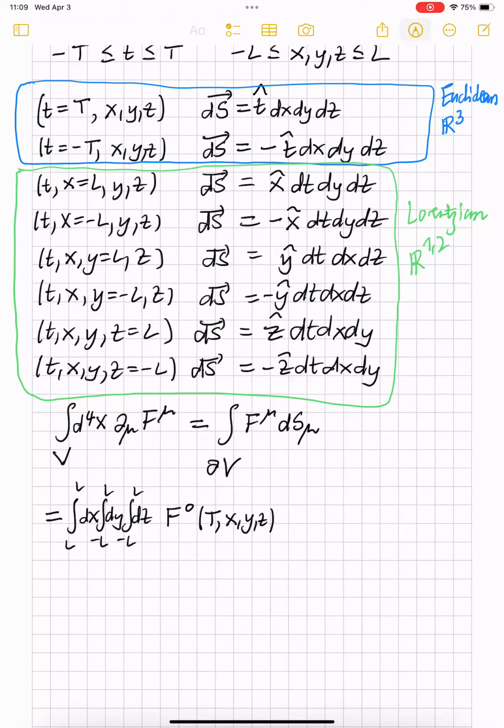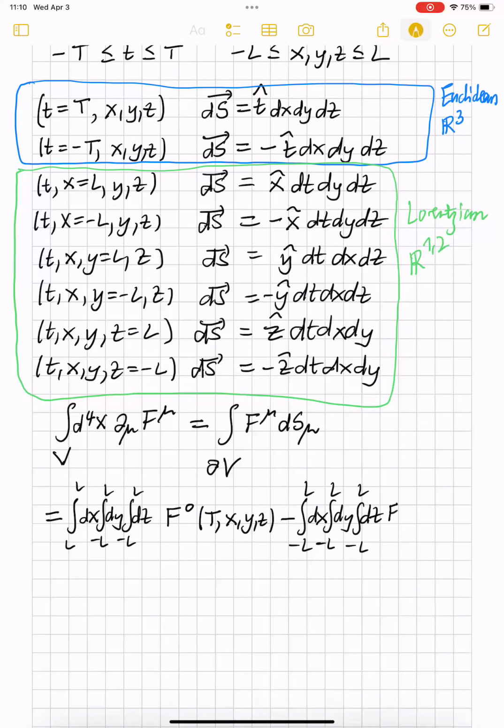Okay? And then if we look at the second side, we'll have a minus. We again have a dx, dy, dz. By the way, the minus sign has come because this measure element has got a minus t hat in it. Because it's t hat, again, this is the time direction.